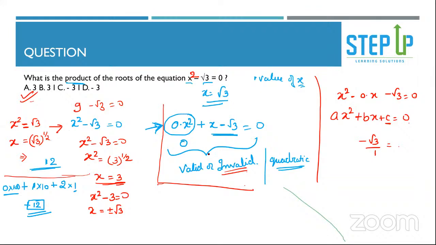The product of roots is c by a, and minus root 3 by 1 is minus root 3. Correct. I was trying something else, but it did not work. Okay, leave it. This is the answer, people. Final. So in that case also, the answer will directly be root 3.